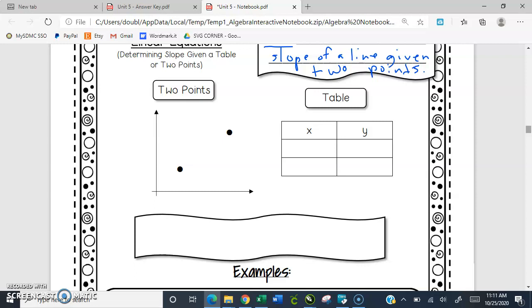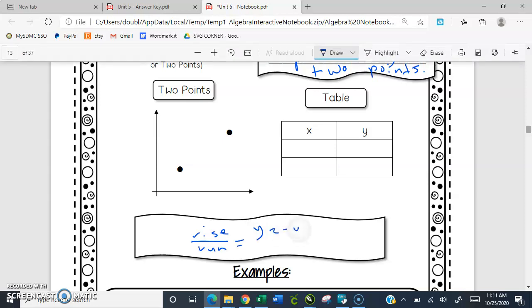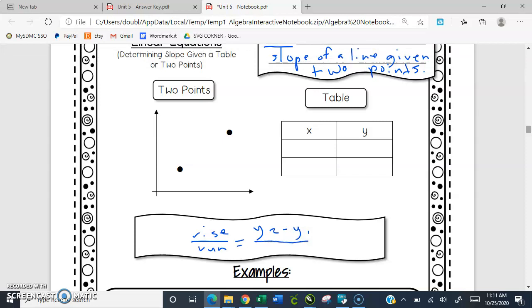So remember we talked about rise over run. Our rise, if we're given 2 points, is y2 minus y1, our second y coordinate minus our first y coordinate, over our second x coordinate minus our first x coordinate.